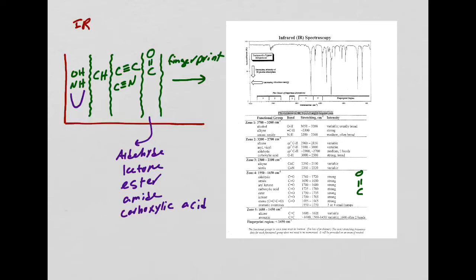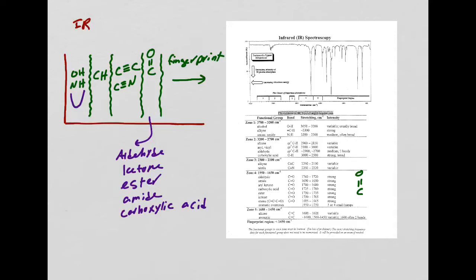You can eliminate carboxylic acid because you have to have an ugly OH, right? You can eliminate amide if you don't have a peak over here. You can eliminate aldehyde if you don't have a peak next to the CH group. So elimination is just as important as figuring out what you have for sure. So far, so good? Okay, I'm going to stop right here.